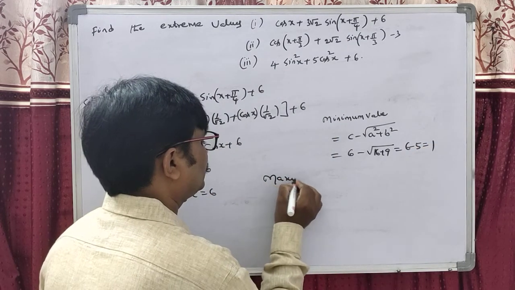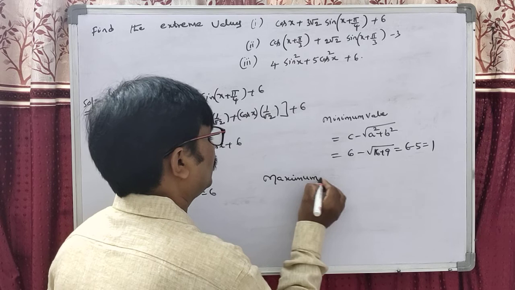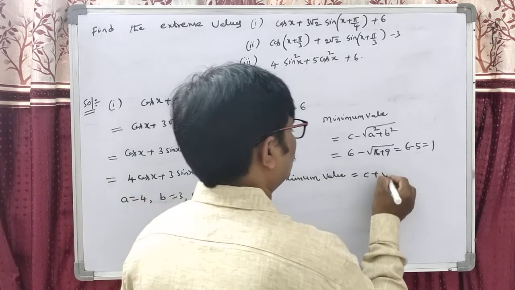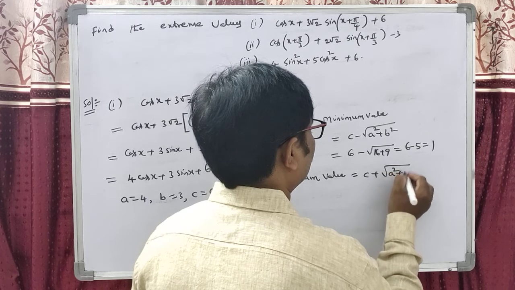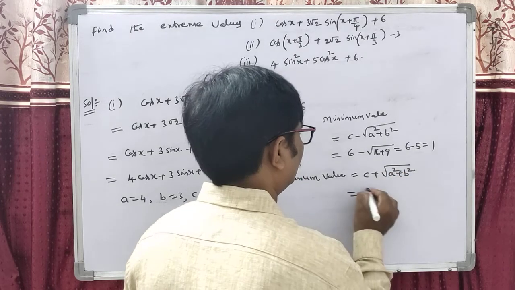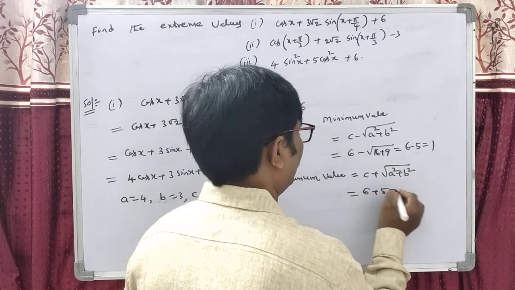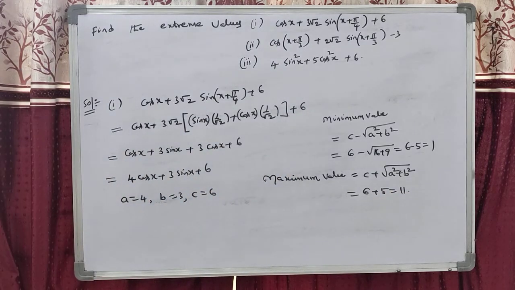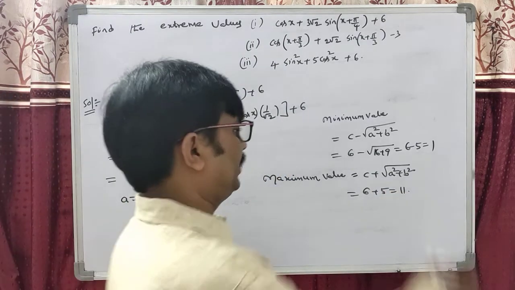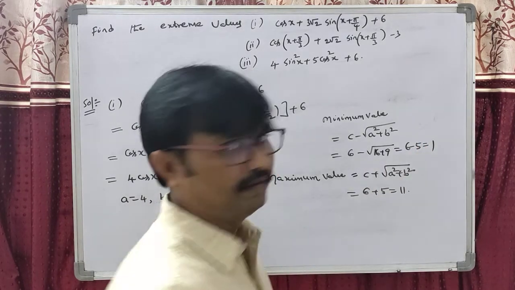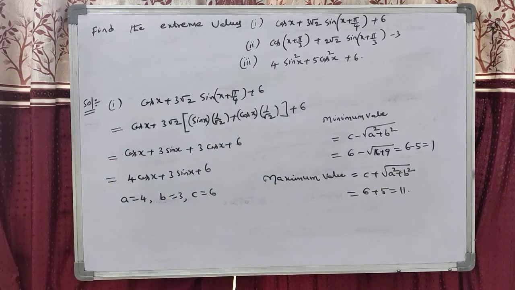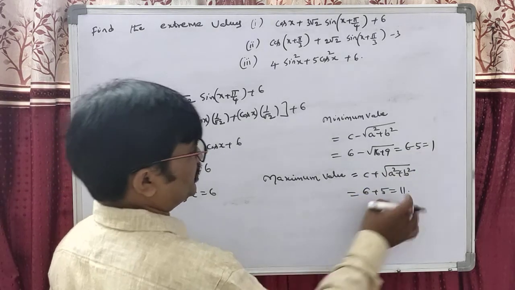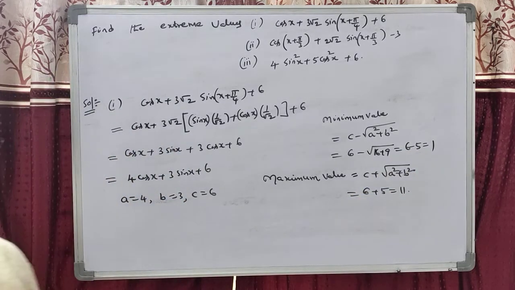After that, the maximum value is c + √(a² + b²), that is 6 + 5, which is 11. So the minimum is 1 and the maximum value is 11.